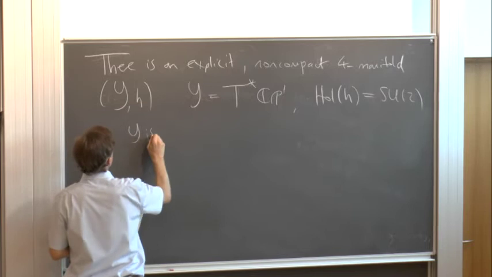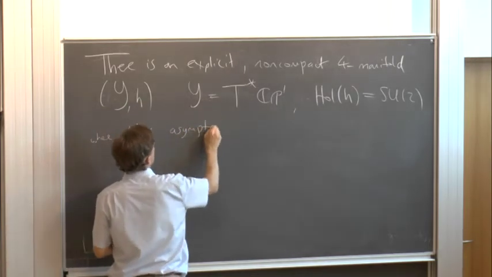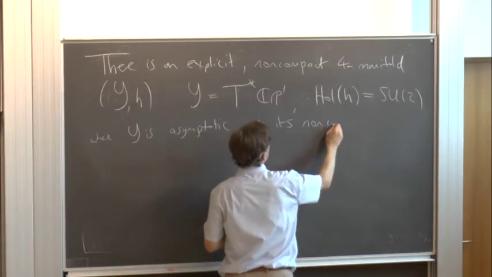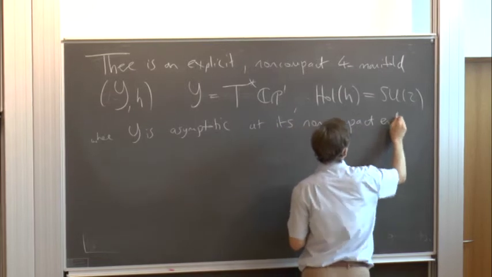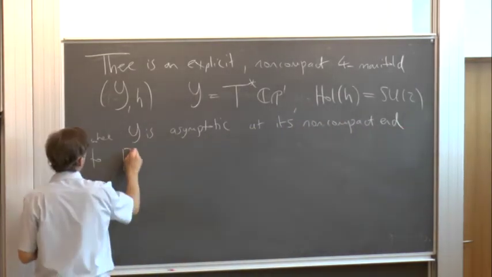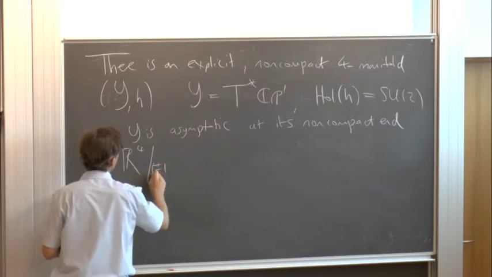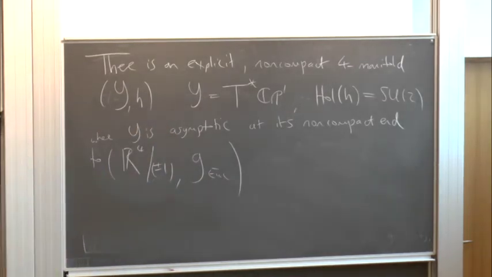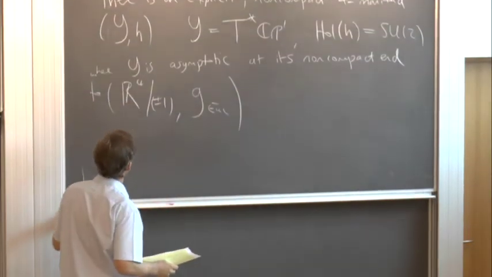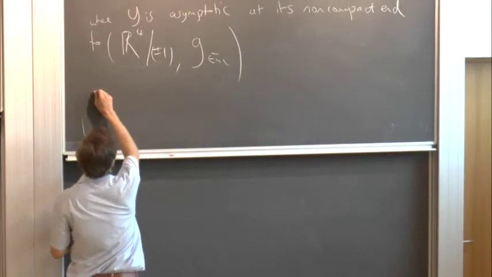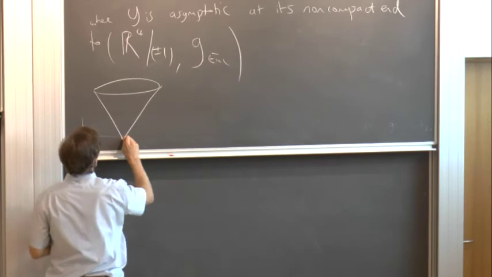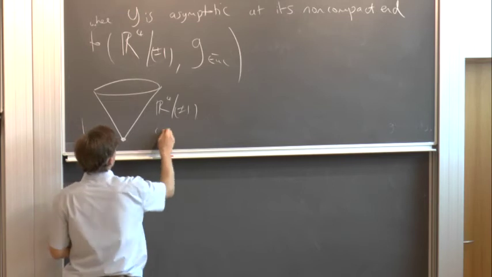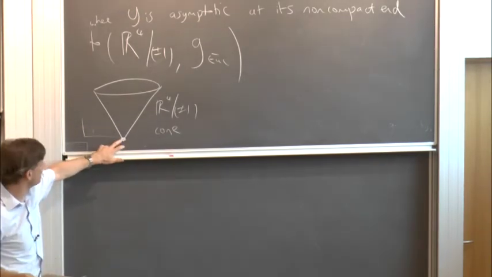So Y is asymptotic at its non-compact end to R^4 over plus or minus 1 with the Euclidean metric. If you want to draw a picture, think of R^4 over plus or minus 1 as a cone with a singular point at the vertex, which is 0.